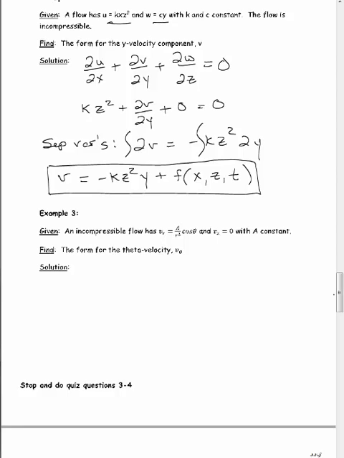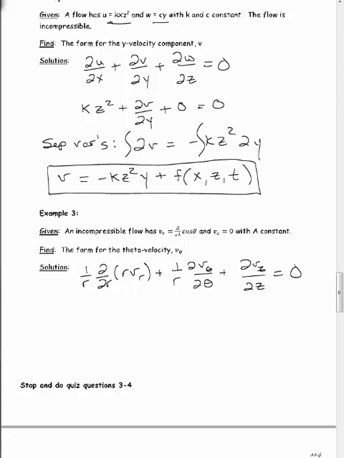We're just going to start with the cylindrical form of the continuity equation. And for incompressible, that is going to be 1 over r d/dr of r vr plus 1 over r dv theta d theta plus dvz dz equals 0.